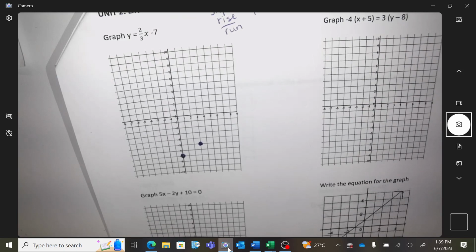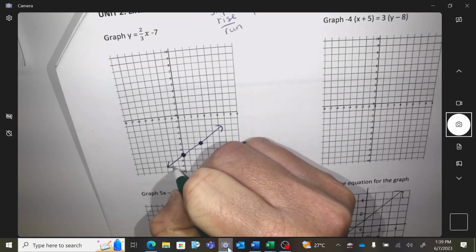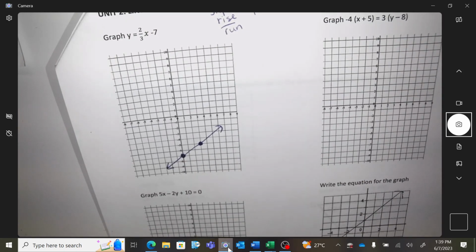And that's it. Now it's just a line and arrows, right? Put arrows on your line. I feel like I did quite a bit of graphing lines as multiple choice on your test.